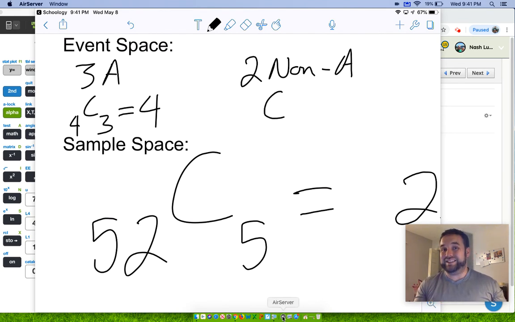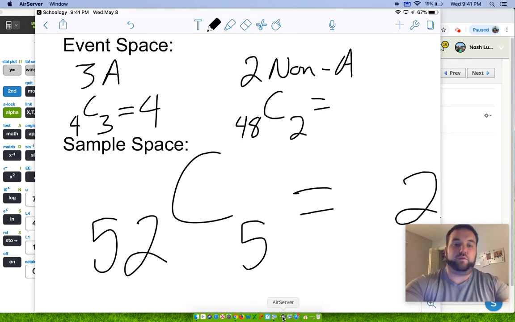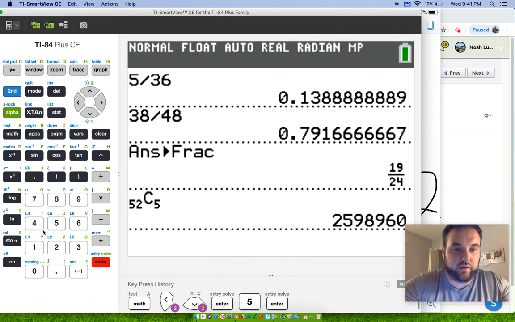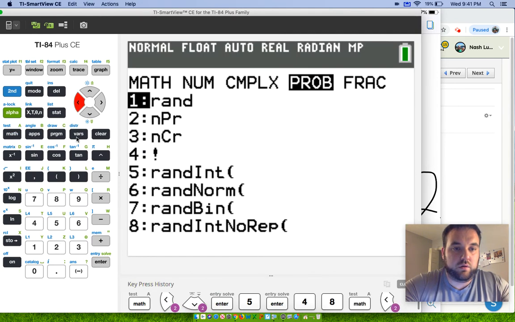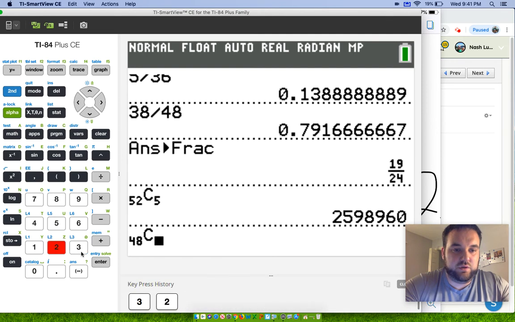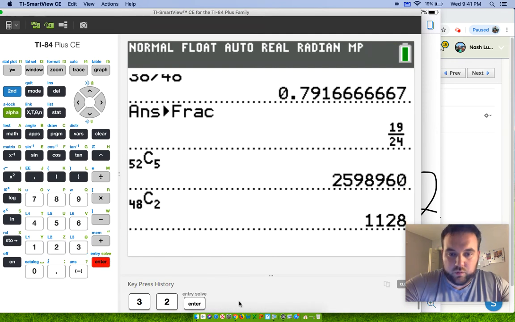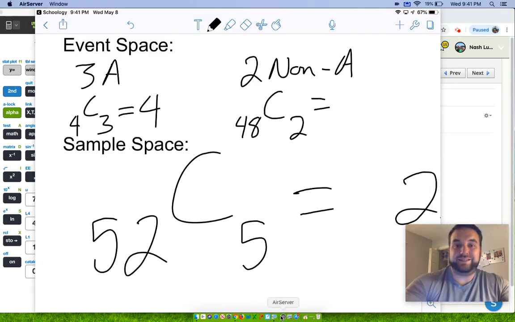How many non-aces are in the deck? There are 48 non-ace cards in the deck, and I'm going to give you 2 of them. So I'm going to do 48C2 in the calculator. There are 1,128 different pairings I could give you of non-ace cards.